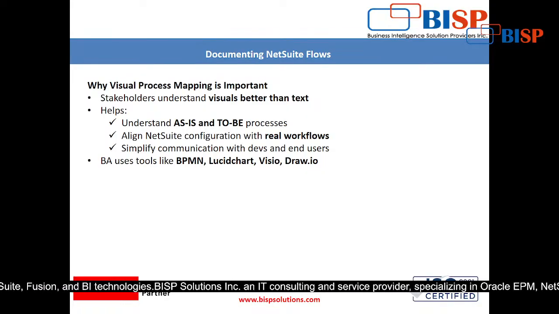The stakeholder will understand visuals better than text, and the BA uses tools like draw.io. Visio is also given in MS Office 365. When you take the subscription, most of the big companies take the subscription, and in that you will find this Visio.